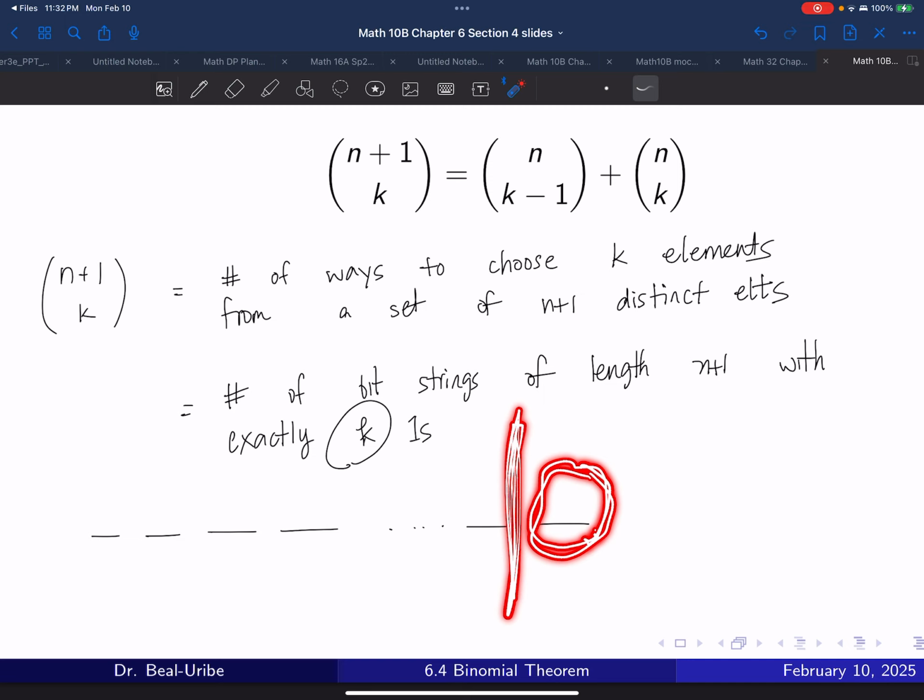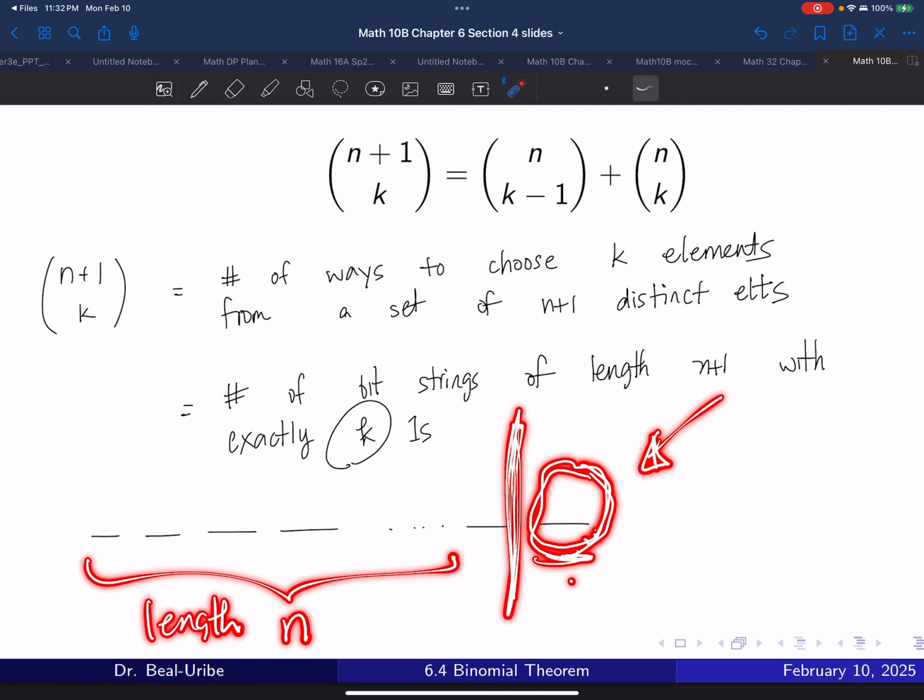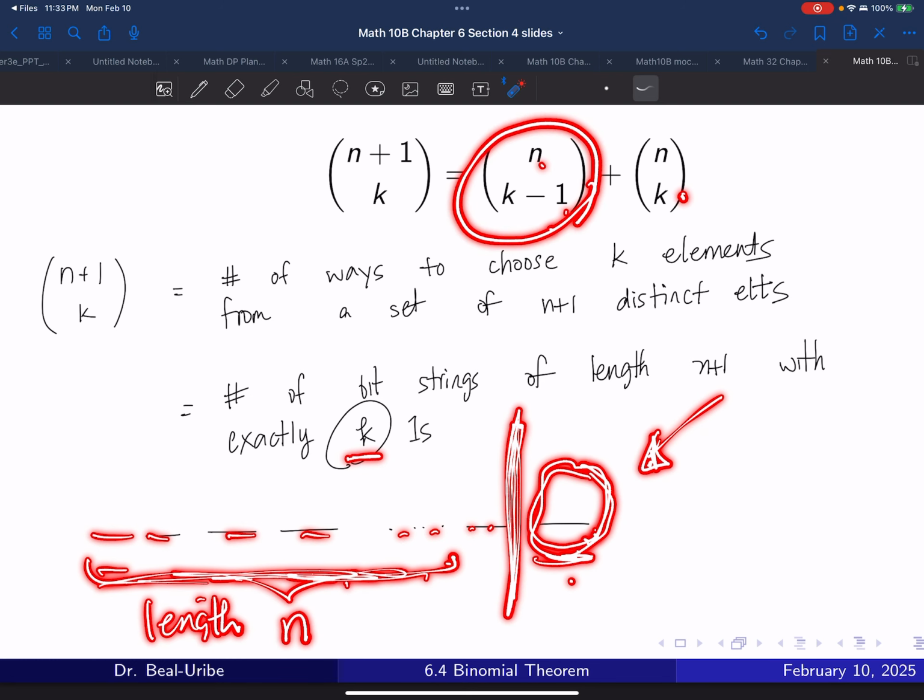So I can take my string and break it into a string of length n and just this one right here. And so I can ask, is this one a 1? If it is, I now have k minus 1 of these remaining spots to be 1s, right? So that gives me the n choose k minus 1.